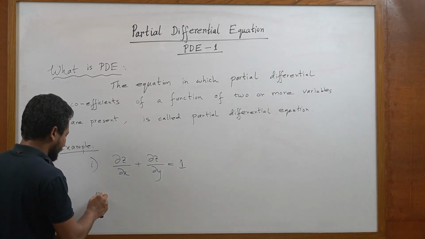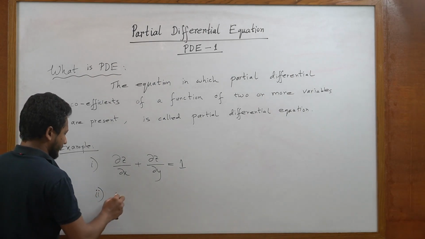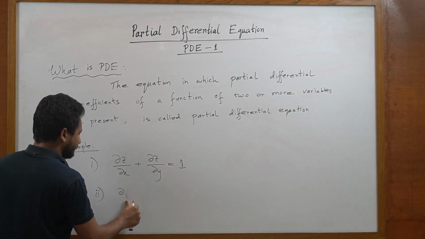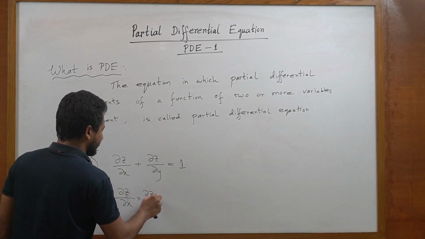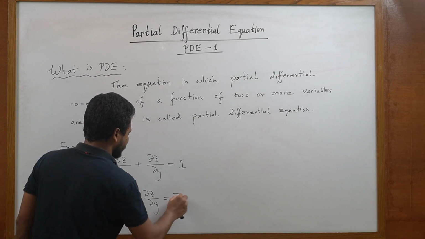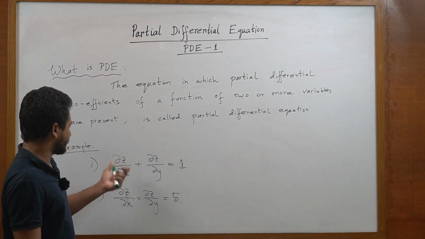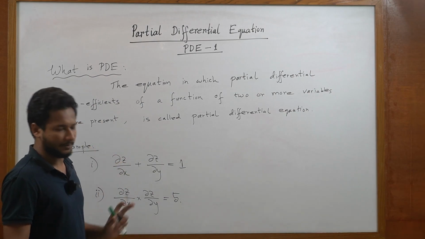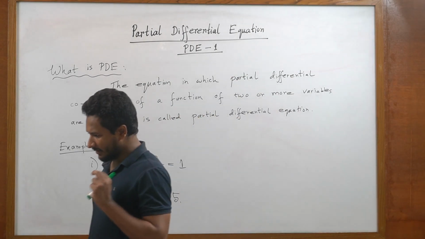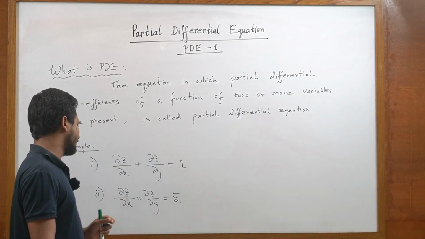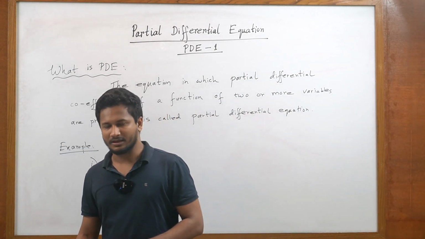And another example, del z del x into del z del y equals to 5. That means the equation in which partial derivative operator is present. If partial derivative operator is present, then the equation is called partial differential equation.